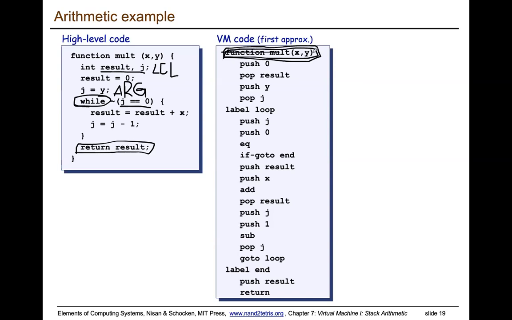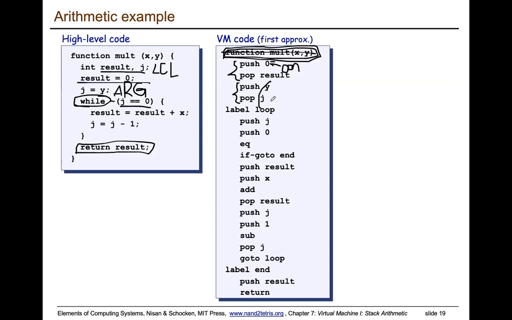I will first push 0, which is a constant. Then pop result means I put 0 into the result. Actually, these 2 things mean result equals 0. Then push y and pop j; these 2 mean j equals y.